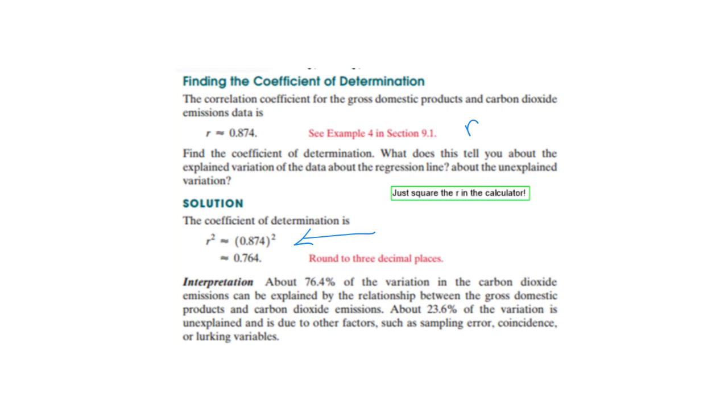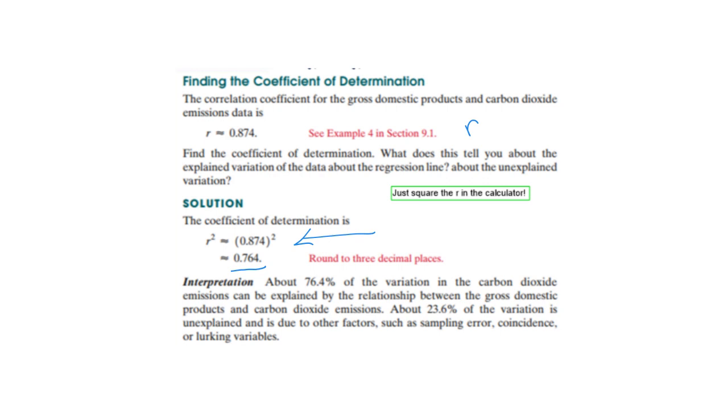And then if they asked us to interpret, well, if R squared is equal to 0.764, then about 76.4% of the variation, this was actually that same data with the gross domestic product and the carbon dioxide emissions. And so 76.4% of the variation in Y, which was the carbon dioxide emissions, can be explained by the relationship between the gross domestic product and the carbon dioxide emissions.